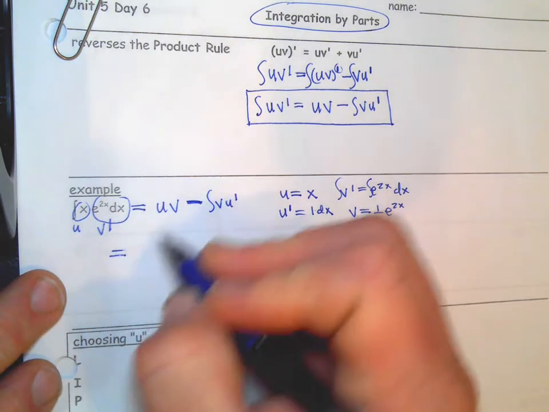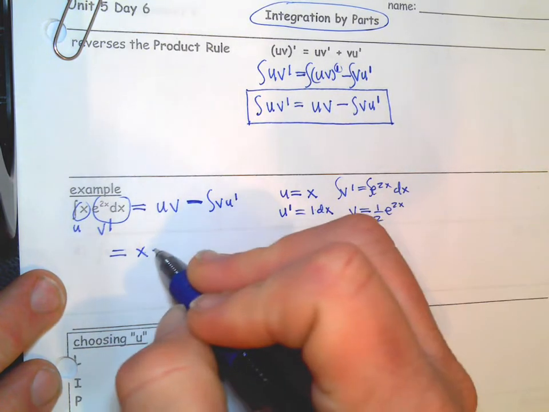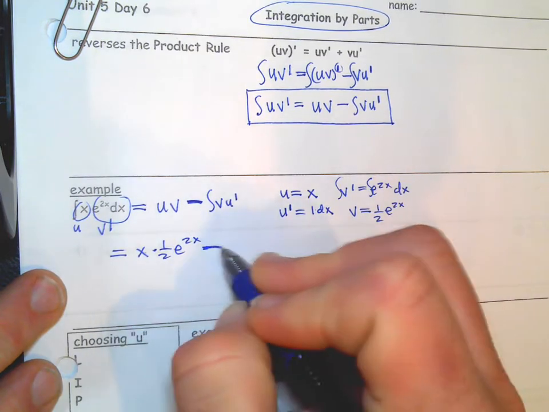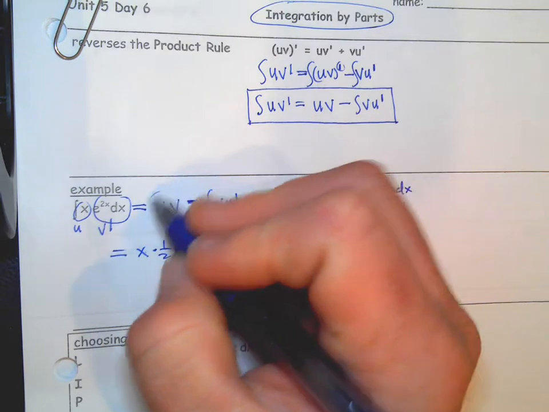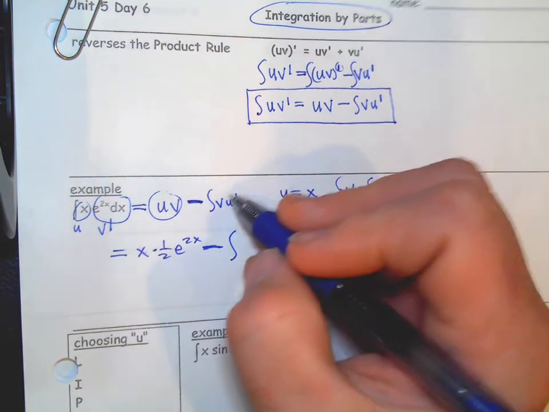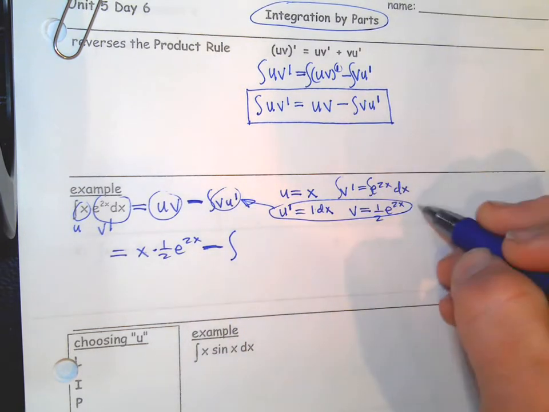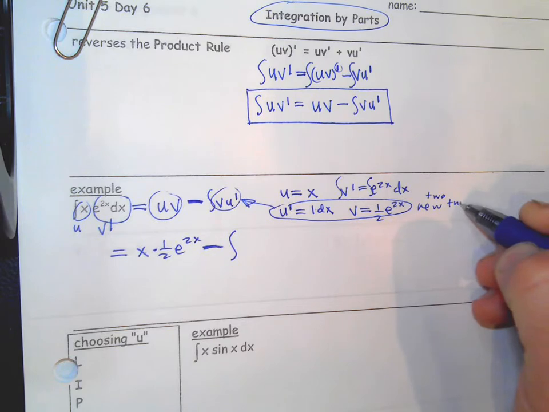So u is x, v is 1/2 e to the 2x, minus the integral of v u prime. Now, I feel like it's easy to remember that this is uv. And this, I think of as the two new things. The two new things are what always go inside the integral.